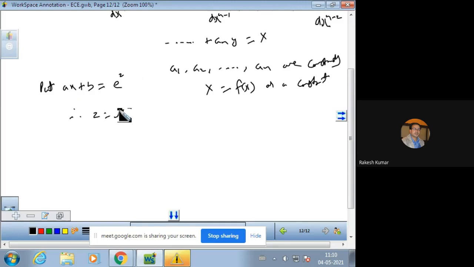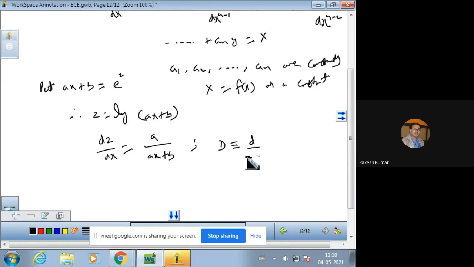So you will get z is equal to log of ax plus b, and you can find out the derivative of z with respect to x. That is very much clear, a upon ax plus b. You will use D as a differential operator, that is for d/dz.